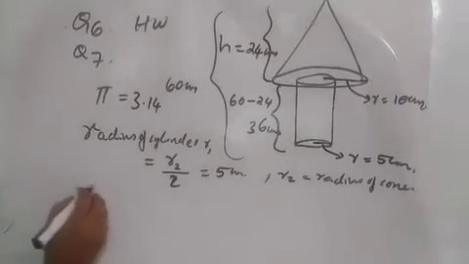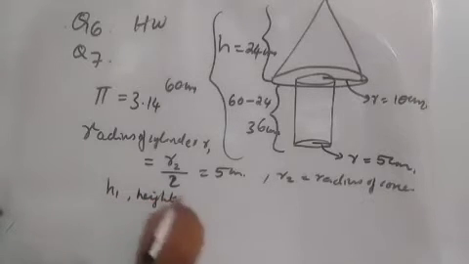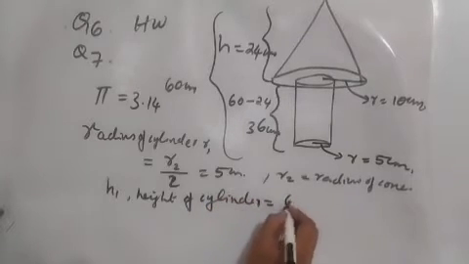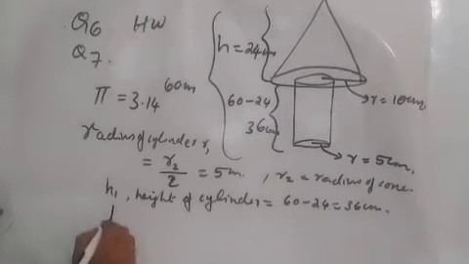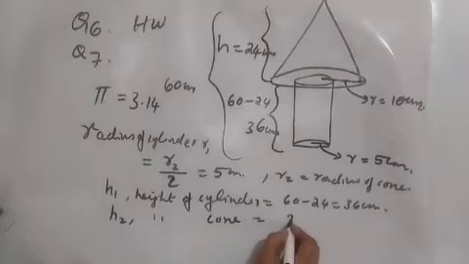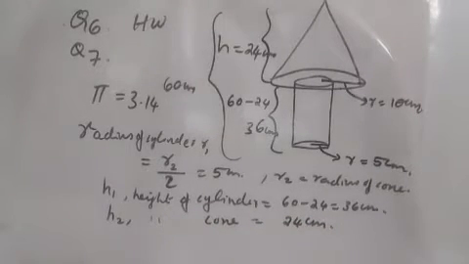Okay, and we can mark h1 as the height of cylinder. Height of cylinder is 60 minus 24, that is 36 centimeter. And we can take h2 as the height of cone. That is given in the question, 24 centimeter. So we wrote everything here.